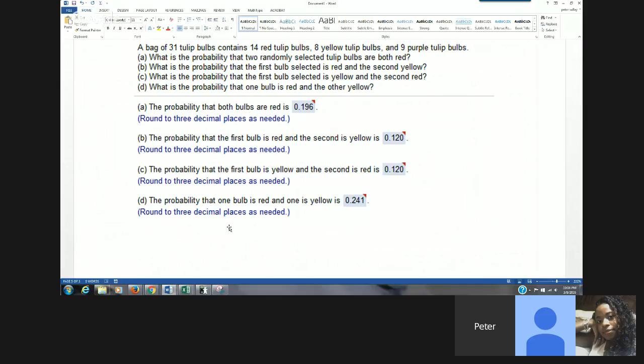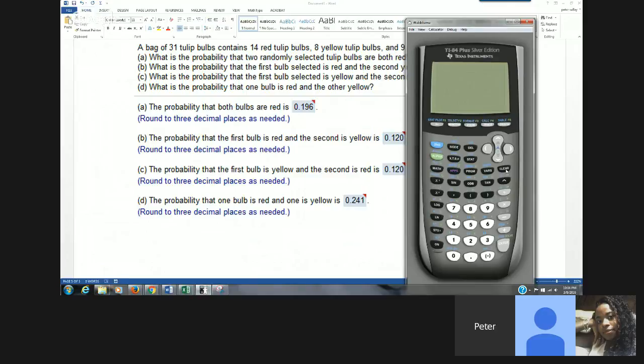Okay. So do you see how in B and C they tell you the first bulb is? Yes. Okay, and in D they took that word away. So that's why D is weird, is that they didn't tell me which one happened first. So what I have to do is think about the 2 scenarios that could happen.